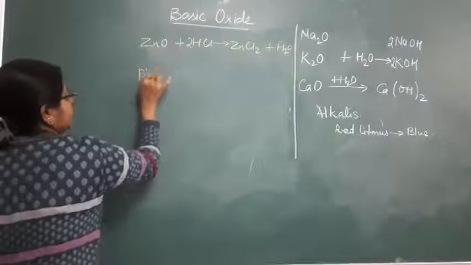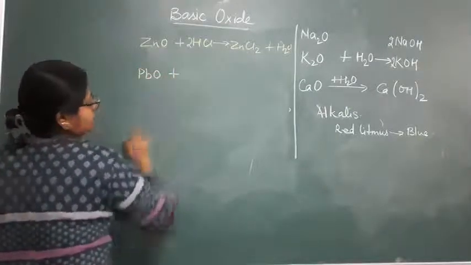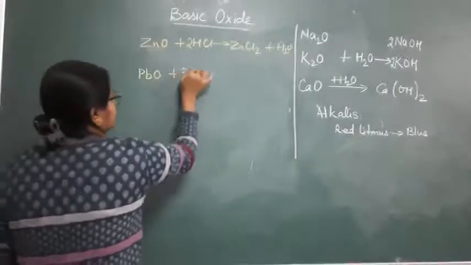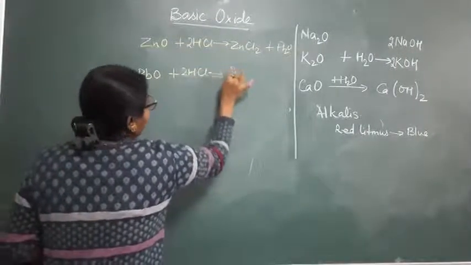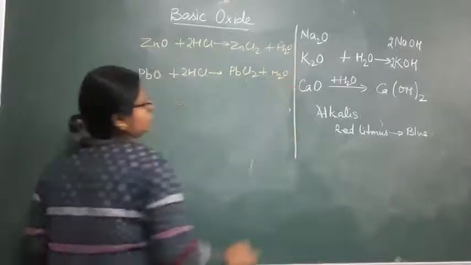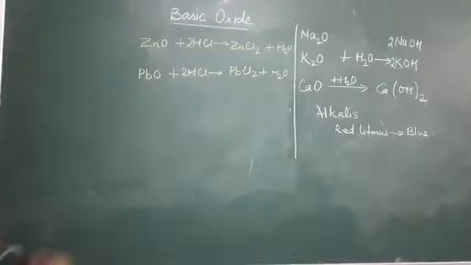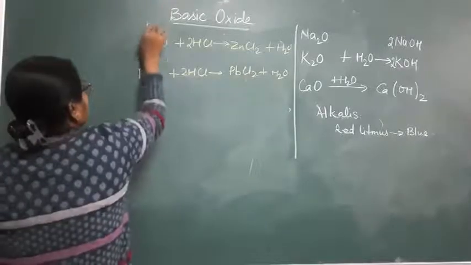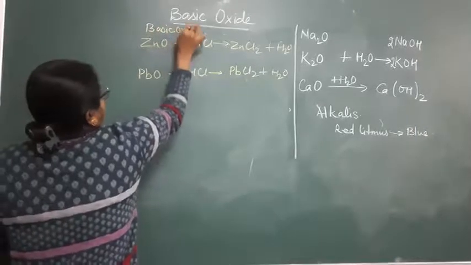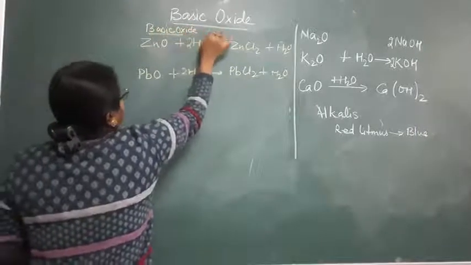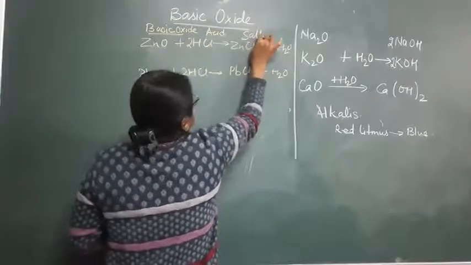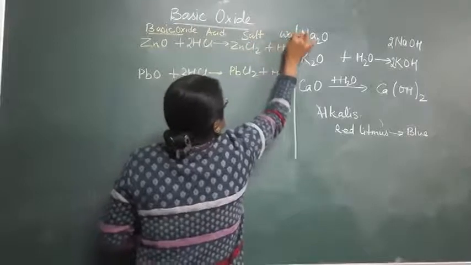Lead oxide, when it reacts with hydrochloric acid HCl, also forms PbCl2 plus water. Means here the basic oxide, when it reacts with acid, forms salt and water.